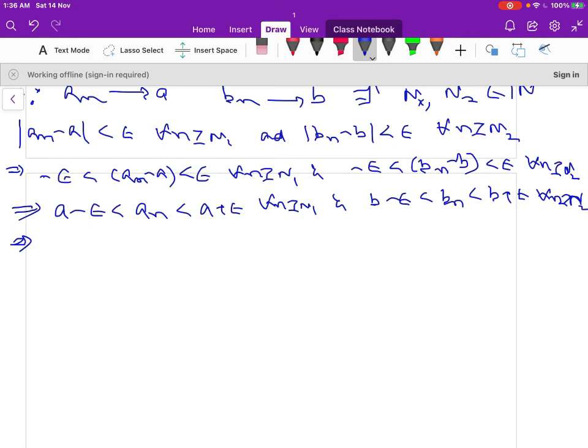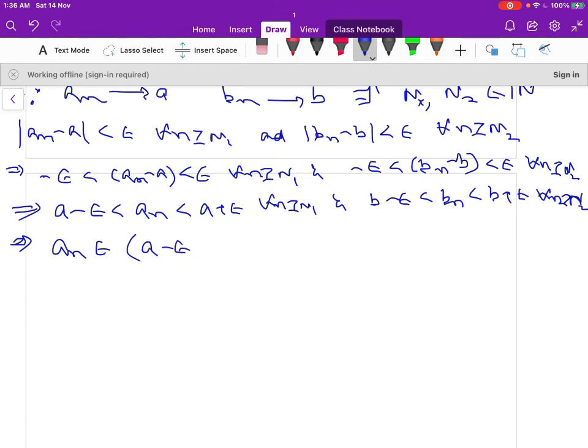So this implies an is between a minus epsilon and a plus epsilon.